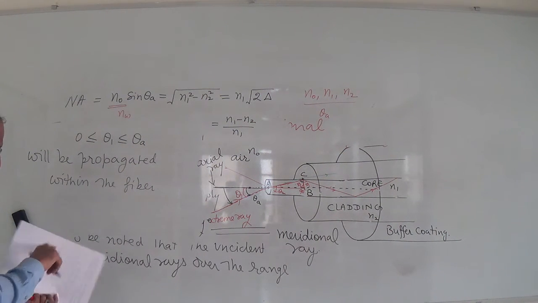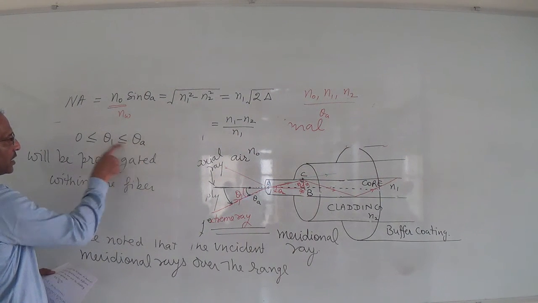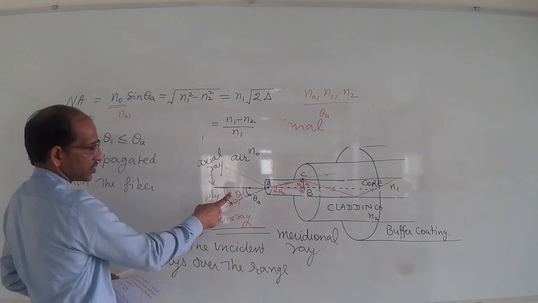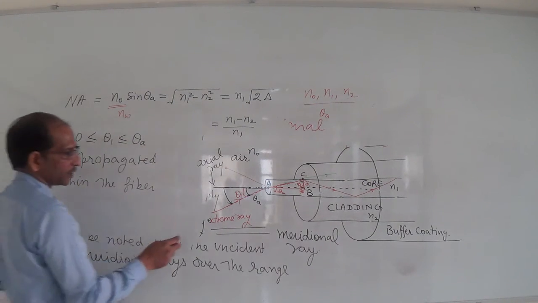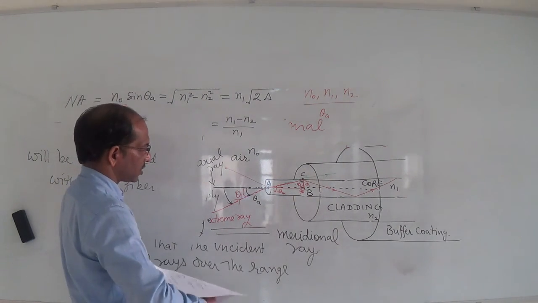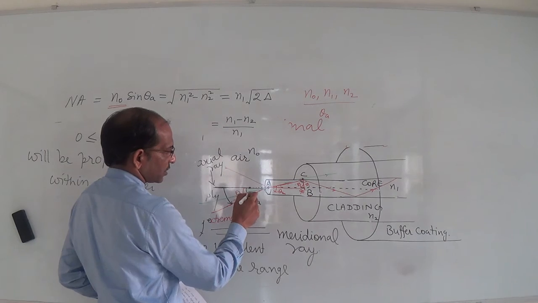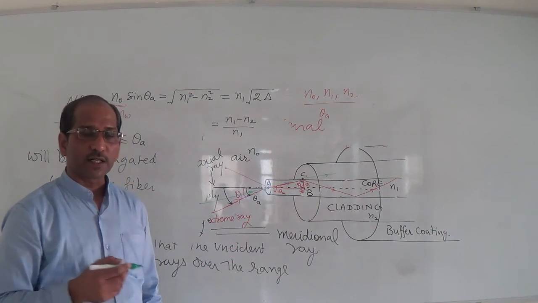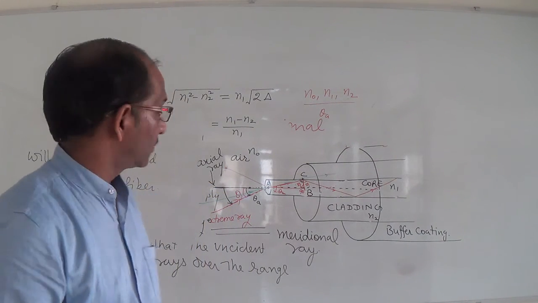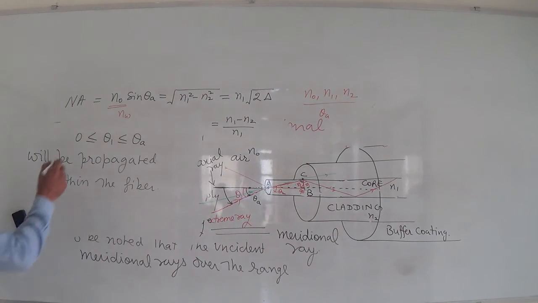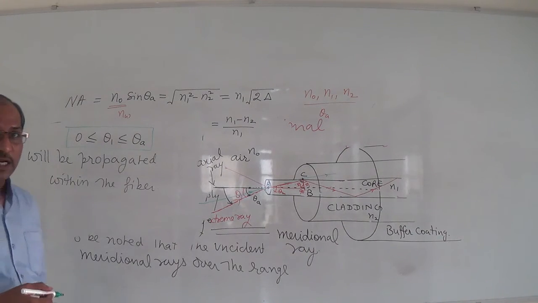If a ray satisfies this condition, that is, if theta 1, the incident angle, lies between 0 and the acceptance angle, then it is 100% sure that it will get reflected into the core and follow multiple reflections. So this is the important point for the incident light ray.